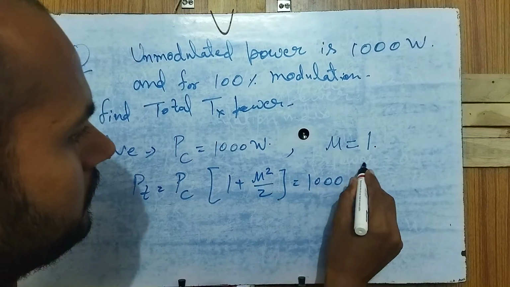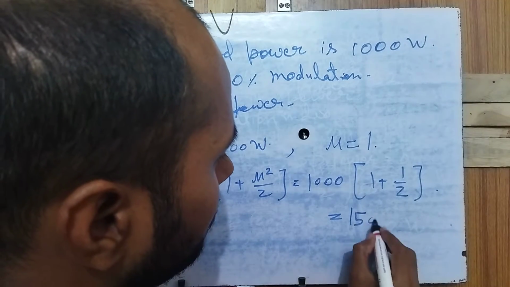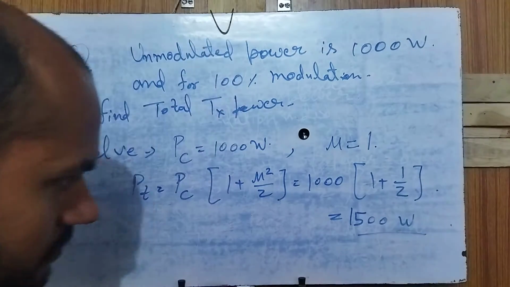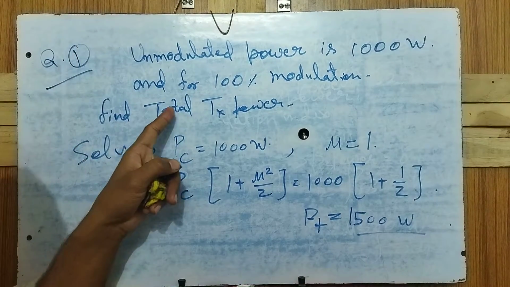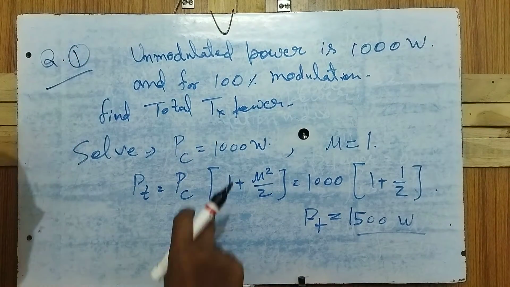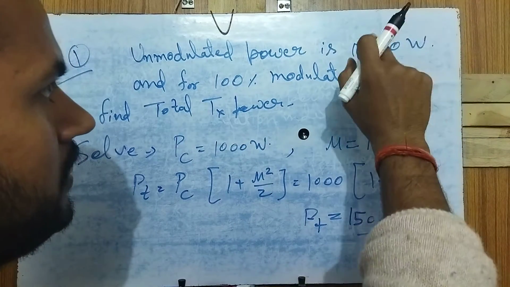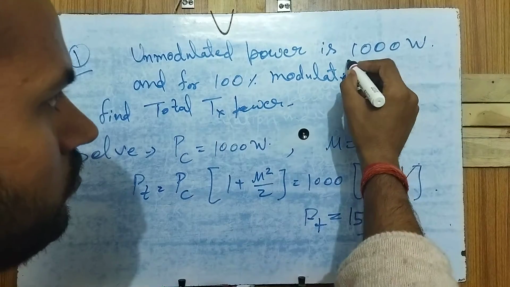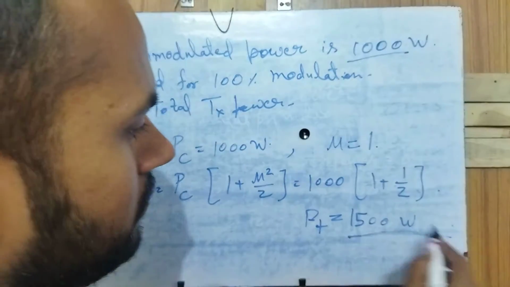So 1000 into 1 plus 1 by 2 is equal to 1500 watt. It is one way. Second way, we know that for 100% modulation, the total power will be 50% more than the carrier power. So what will be the 50%? 500. So 1000 plus 500 is 1500.